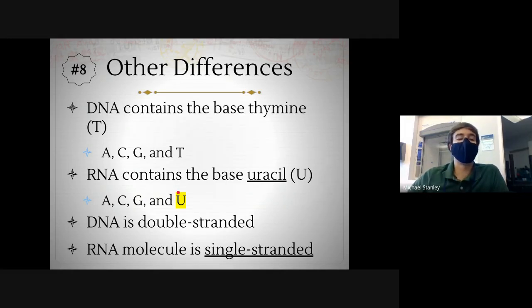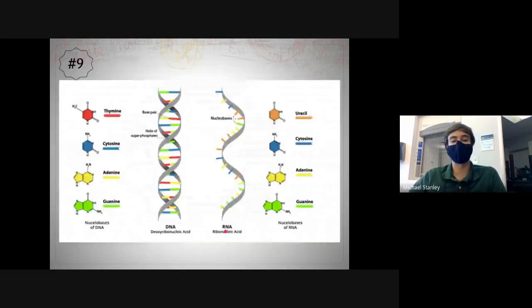So whenever we're making the copies, the T in the DNA still matches up with the A, the G still matches with the C. But if DNA has an A, then that's going to match up with a U in the RNA. Again, RNAs do not have T's, they have U's. That's difference number 2. And then finally, difference number 3, DNA is a double-stranded molecule, whereas RNA is single-stranded.